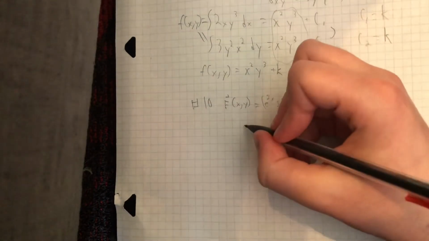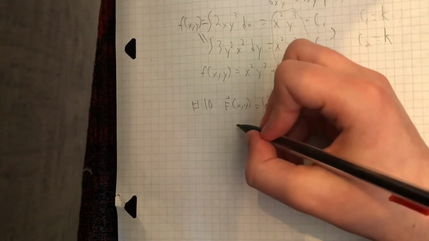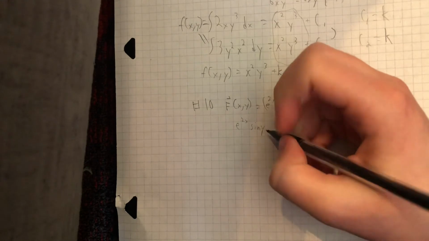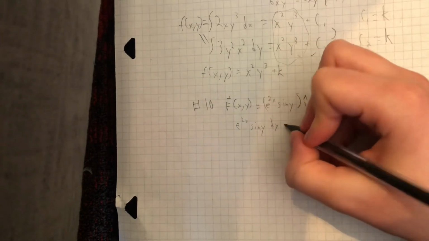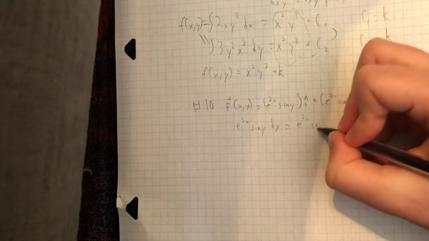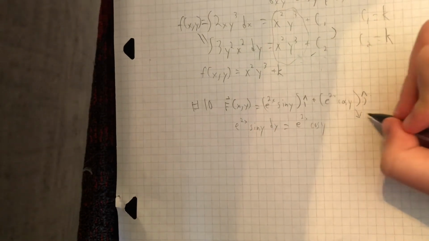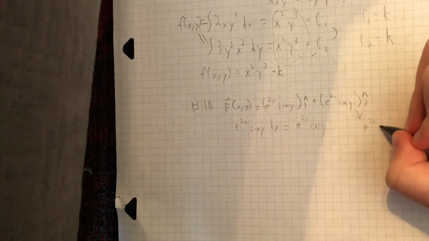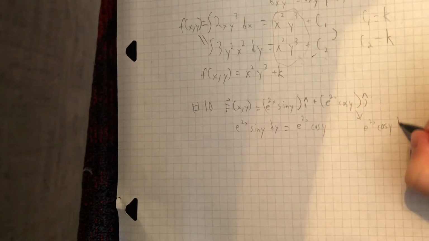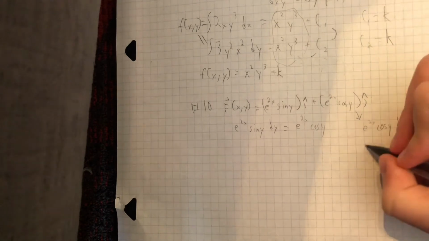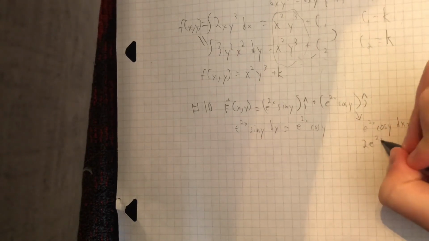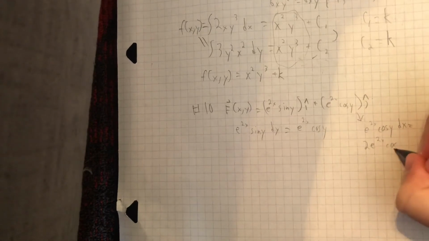So we are going to do e to the 2x sine y d/dy. That's going to be equal to e to the 2x cosine y. This one, e to the 2x cosine y d/dx, is going to be equal to 2e to the 2x cosine y.